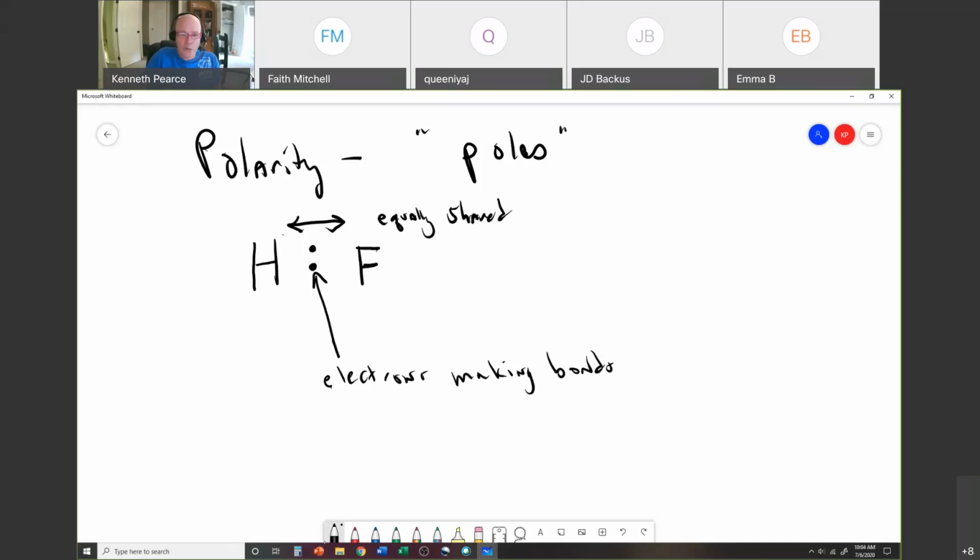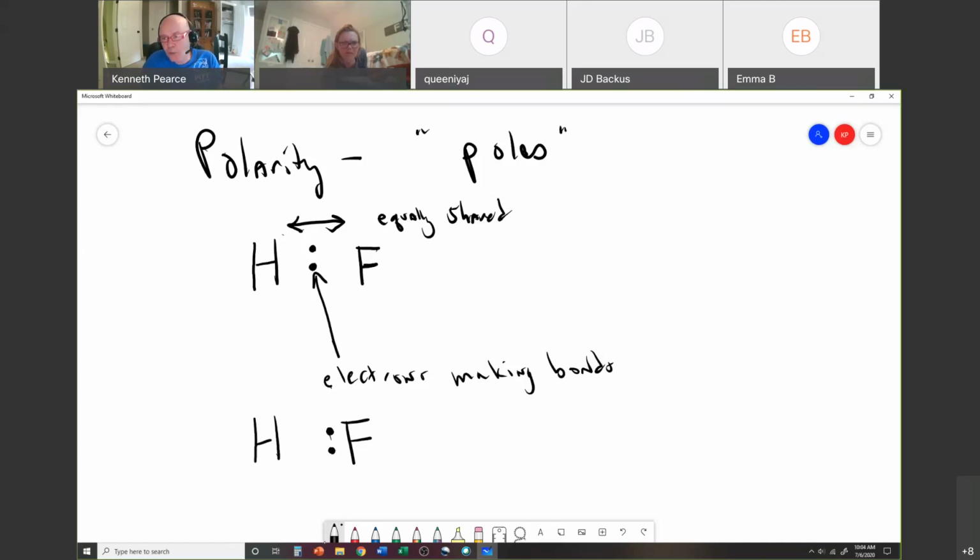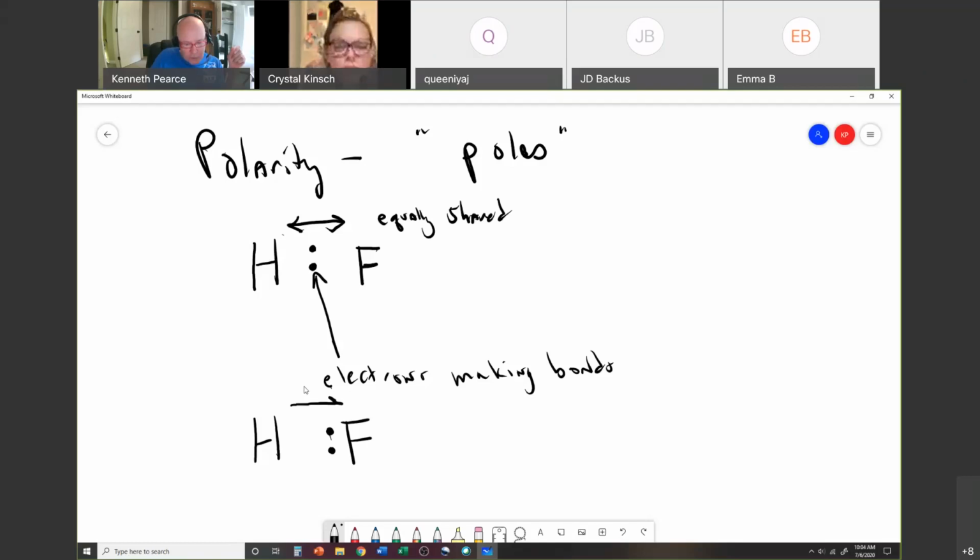So what ends up happening is that the hydrogen and the fluorine do not share these electrons equally. And in fact, the fluorine really, and I'm trying to exaggerate this, the fluorine really, really, really wants the electrons. And so the electrons are pulled towards the fluorine.